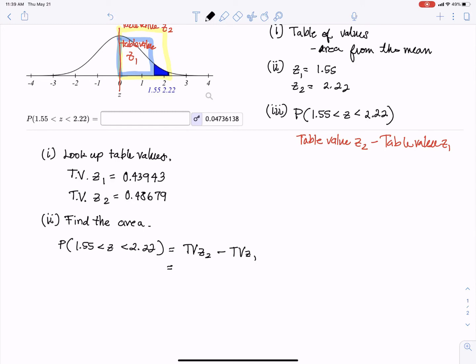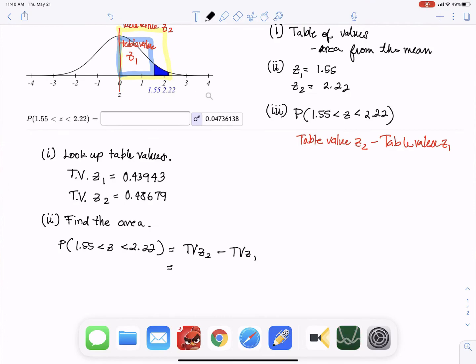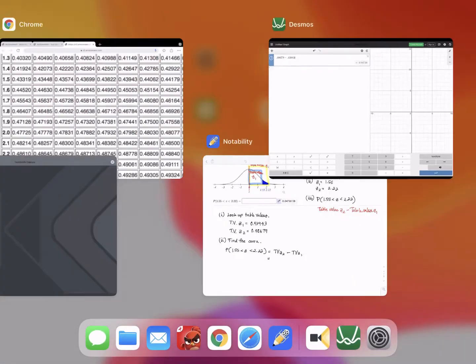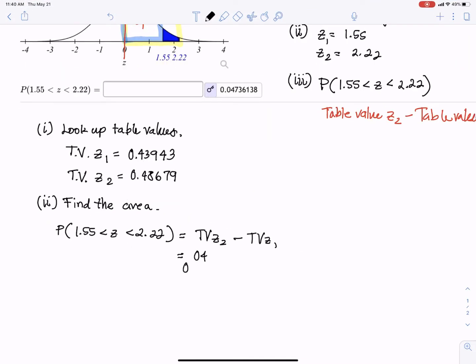And we can do this easily in the calculator. I'm going to use Desmos and just put 0.48679 minus 0.43943. And it gives me the area here as 0.04736.